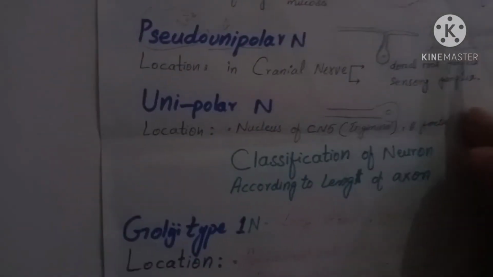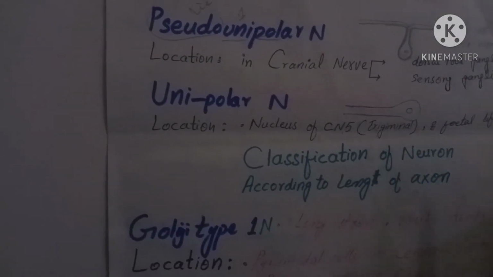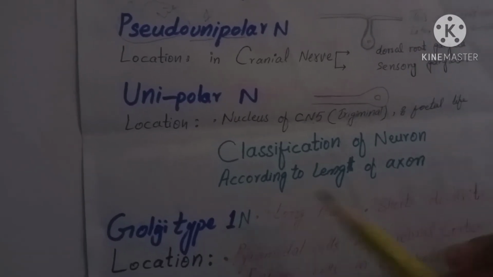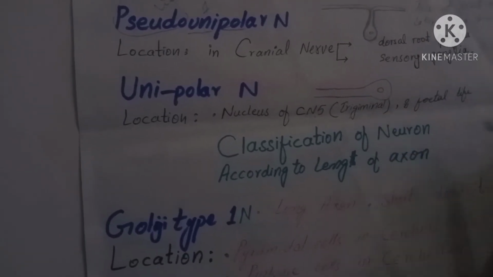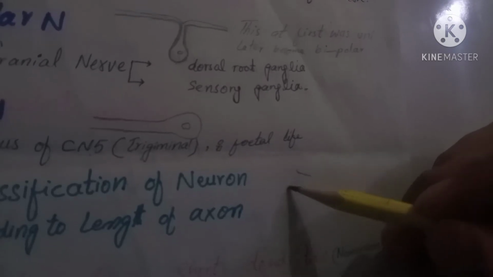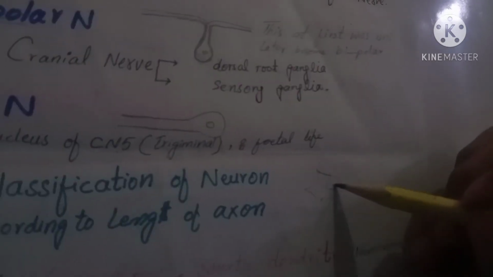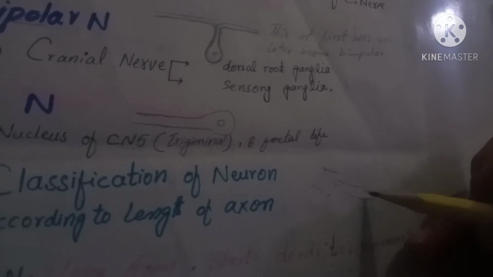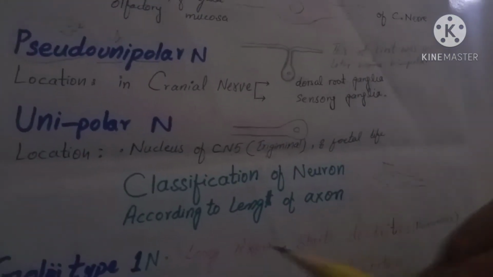Now going toward the classification of neuron according to the length of axon. Meaning how long the axon is. Golgi type 1. In Golgi type 1, suppose this is the neuron and this is the axon. We talk about Golgi type 1.